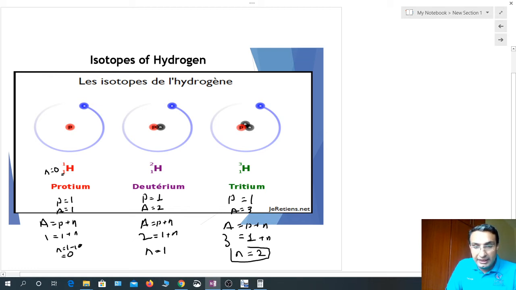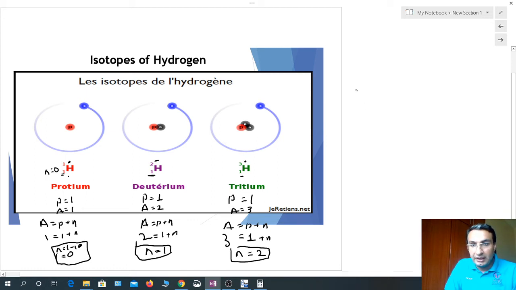So as you see, isotopes of hydrogen have the same atomic number 1, 1, 1, but they have different atomic masses, due to the different numbers of neutrons.